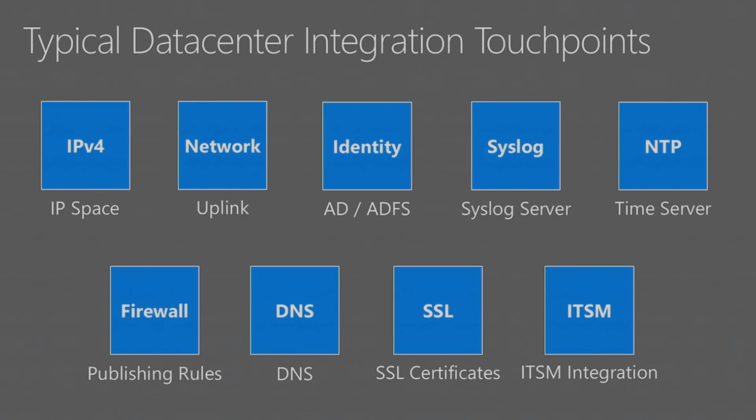IP space planning: what are the required IP spaces that you require? How do I configure the physical network configuration uplink to my border devices? Do I require long-range modules? Do I require short-range modules? What are those requirements there?